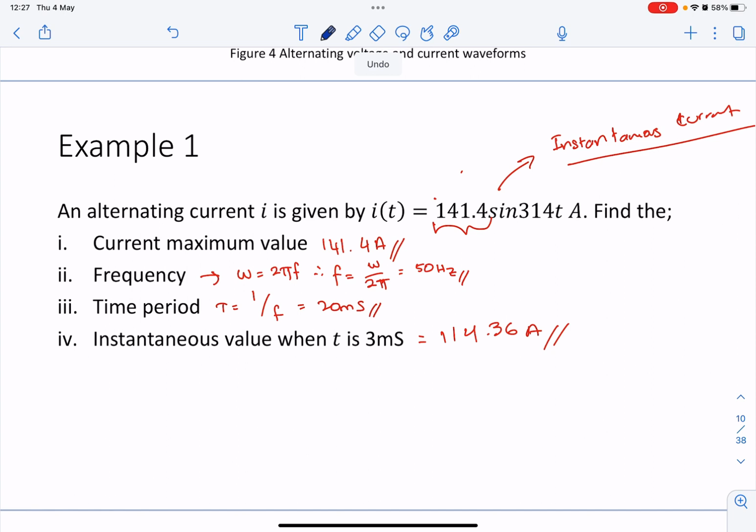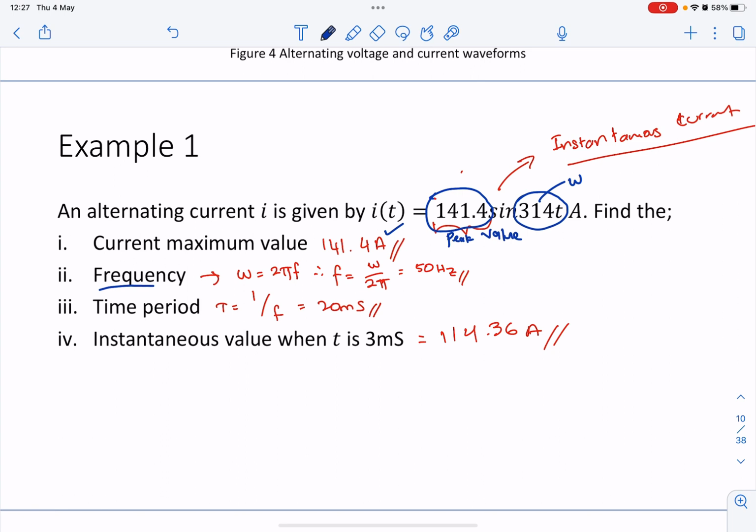If you look at this value of the instantaneous current, this is its peak value, and here this is its omega. So your question here: what is the current maximum value? You know that the peak value is this one, so you can just put the current maximum value is 141.4.